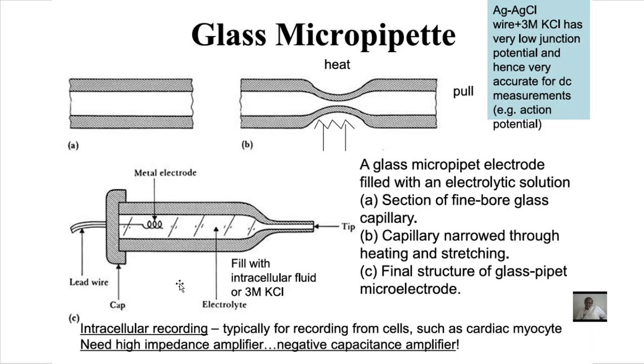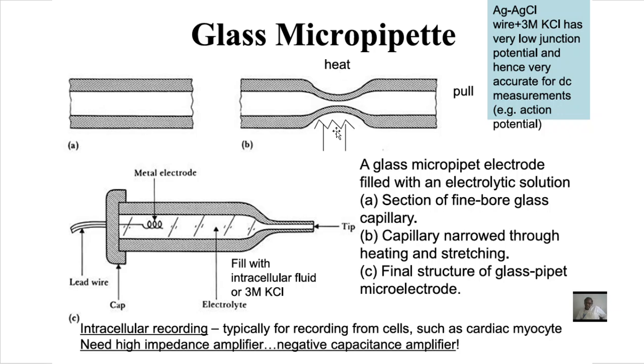Next one is the glass micropipette electrode. How we make the micropipette is we take the glass, that is, a capillary tube made of glass. After that, the center of the glass is compressed like this by applying heat.